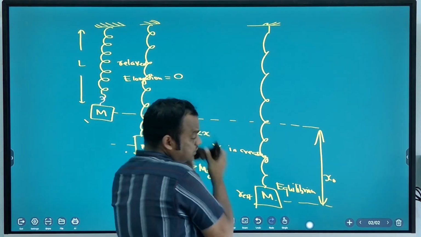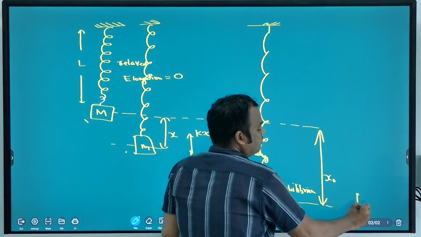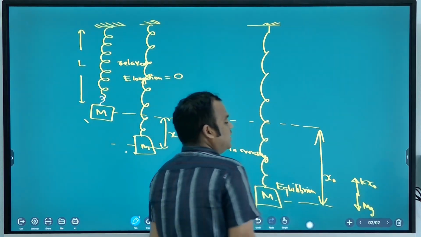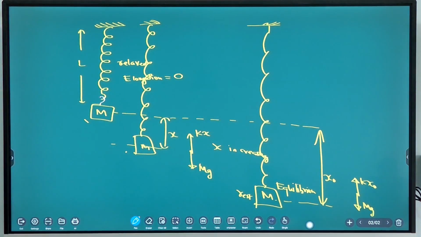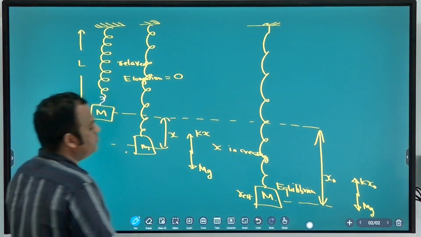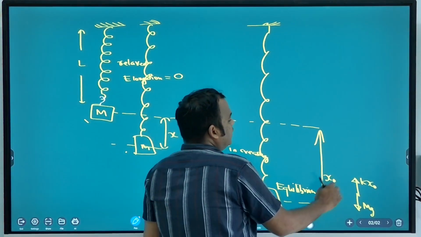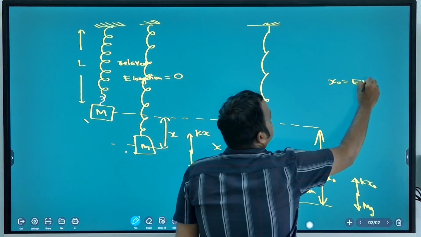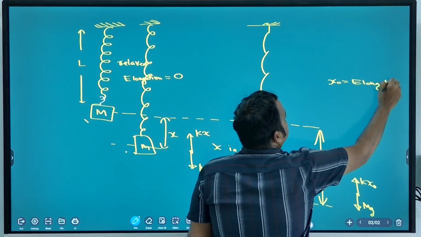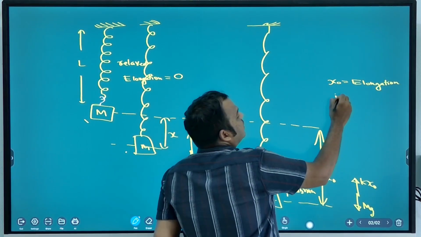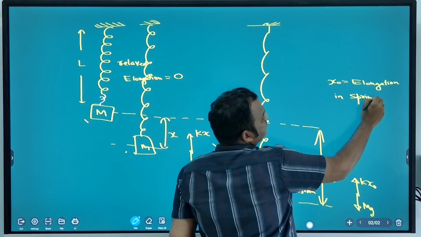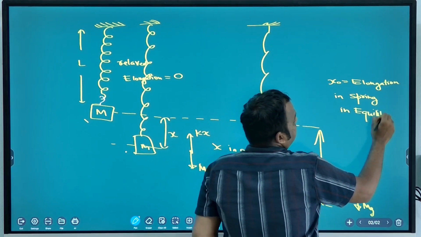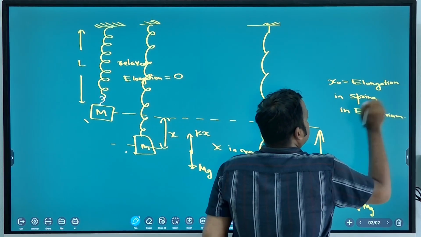Net force 0. So what is the downward force? mg. Upward force? kx naught. So note down. x naught is the elongation in the spring in equilibrium.